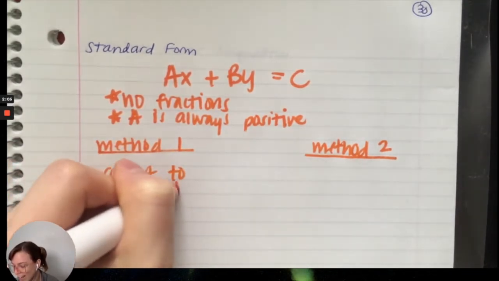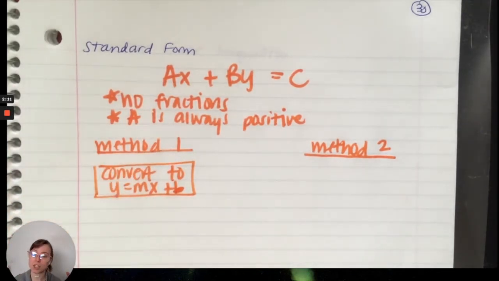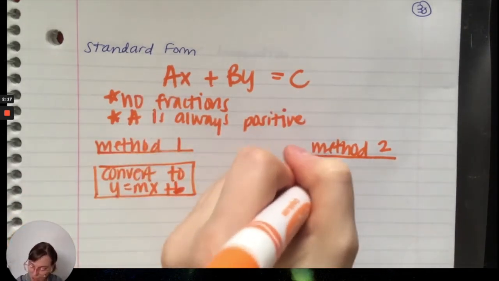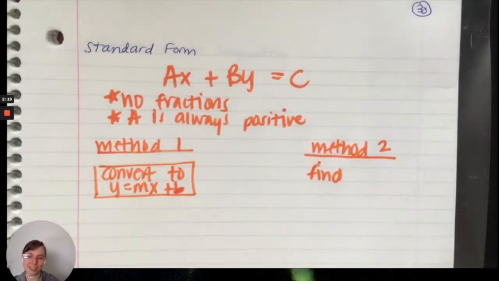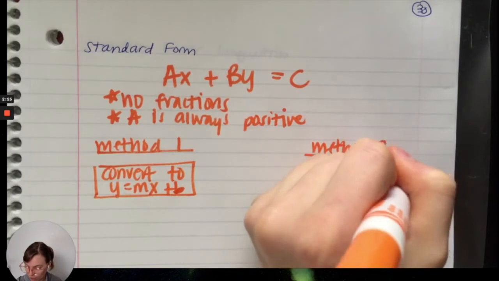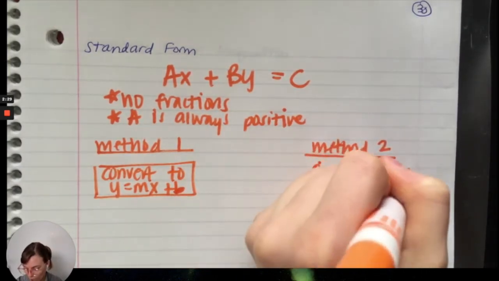So if you are an ace at slope-intercept form, this is an awesome one to practice and make sure you're good at, because you already are building on your previous knowledge. But method 2 is also quicker. Standard form is built to do method 2 a lot quicker, so we can find and graph the x-intercept and the y-intercept.